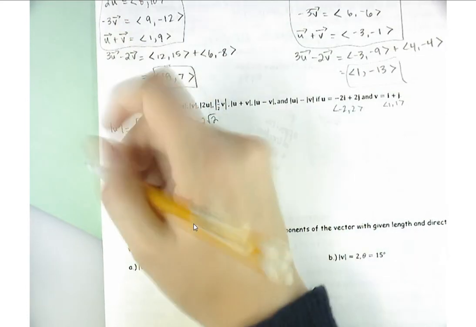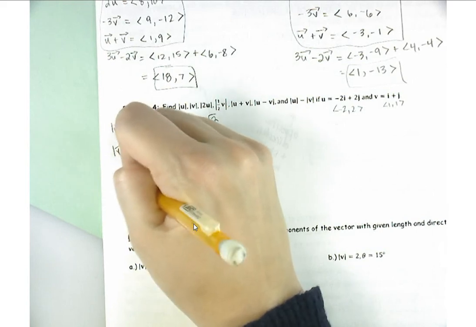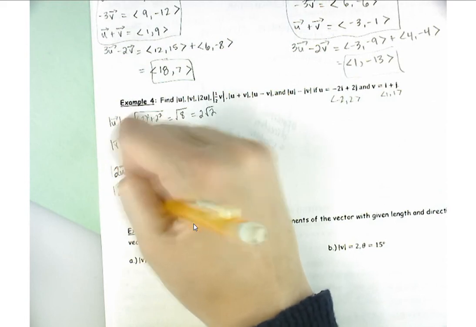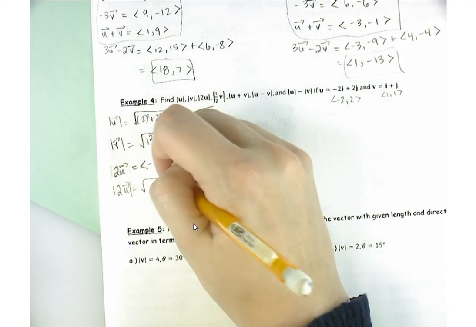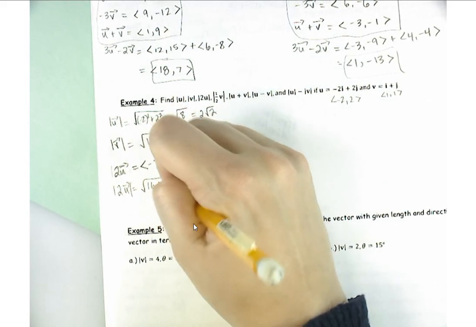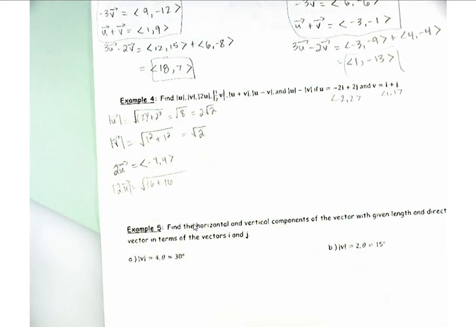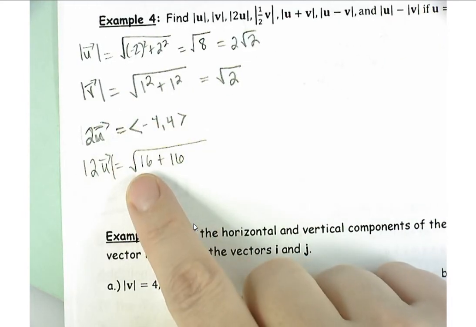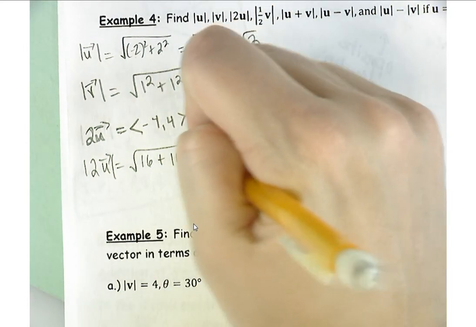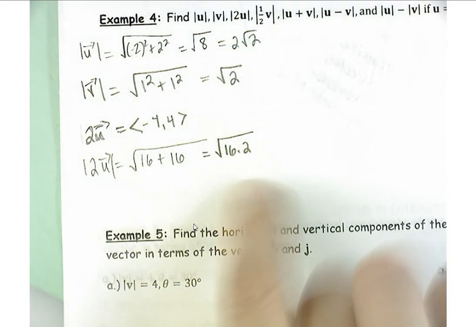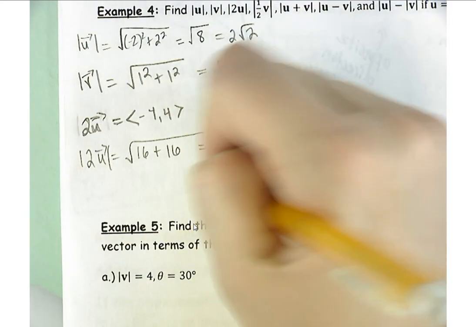If I'm just finding 2u first, this is the vector, and then if I'm finding the magnitude of that vector, then I can do the square root of -4 squared, which is 16, and then 4 squared, which is also 16. Is it okay now if I just square that in my head? So 16 plus 16 is just 16 times 2, and the square root of 16 is 4. So this is going to be 4 root 2.